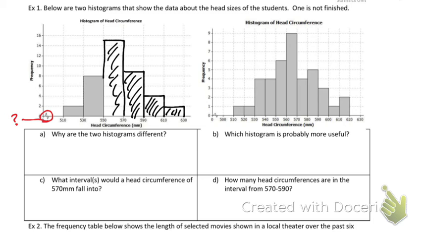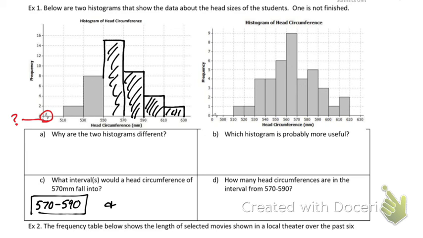What interval would a head circumference fall in if you were 570 millimeters? So your head is 570 millimeters. Which bin would that fall in? Brooke? 570 to 590. Where else would it fall? You know what I'm asking? 570 to 580 if I'm looking at the other one.